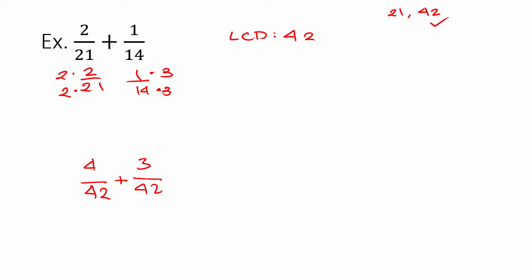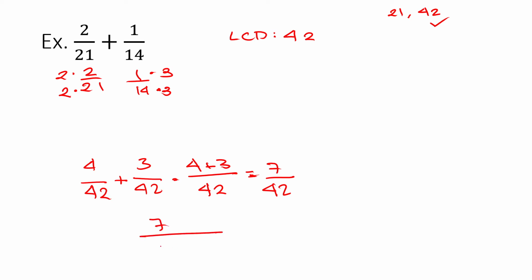We add. So first of all, let's combine them. 4 plus 3, and we keep the denominator 42 as is. 4 plus 3 is 7, and 42 is 42. So 4 over 42 plus 3 over 42 is equal to 7 over 42. But wait, we can simplify 7 over 42 even further.